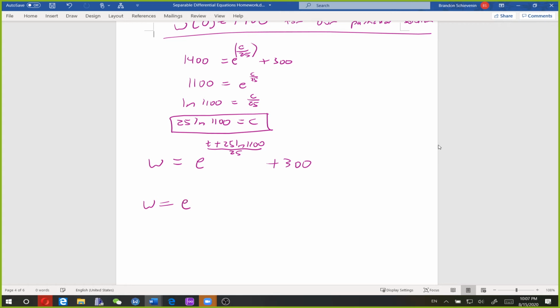So this will give me e to the t over 25 plus 25 over 25, which is 1, natural log of 1100 plus 300. If I'm adding my exponents, what am I really doing?